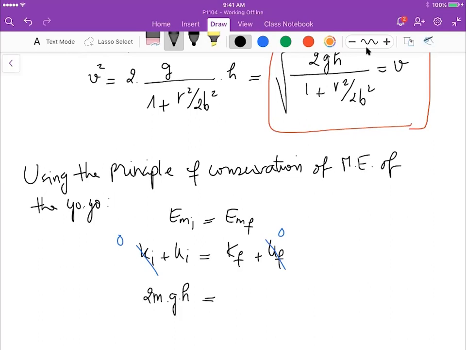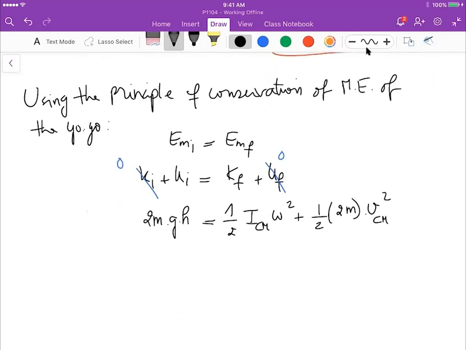The kinetic energy is the kinetic energy of translation and of rotation. Why? Because the yo-yo is rolling. So it's half I center of mass omega squared plus half times m, which is the mass of the yo-yo, which is 2 times m, multiplied by the speed of the center of mass squared.